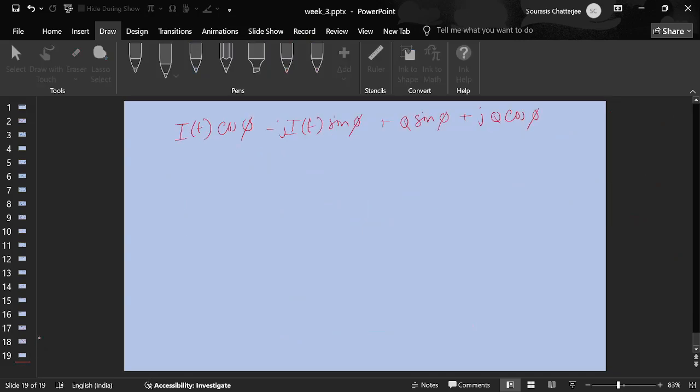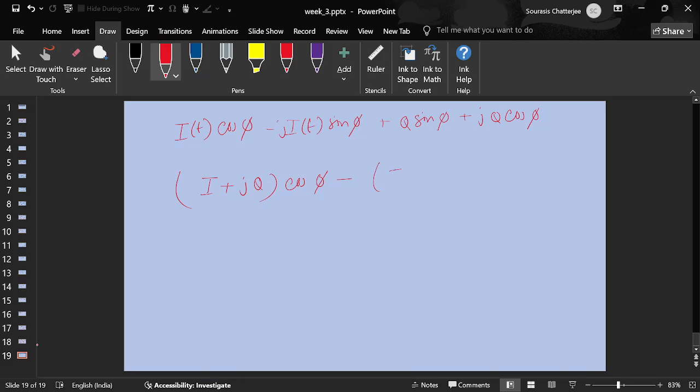Okay, now if I try to rearrange these terms, I plus jQ times cos phi here minus, or it should be plus here, I plus jQ phi, right?